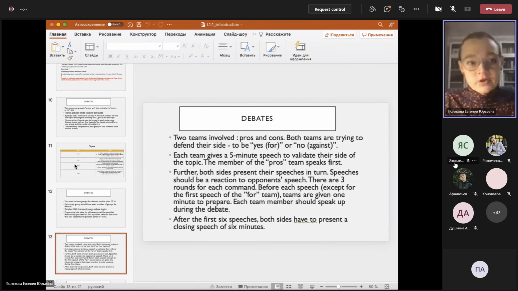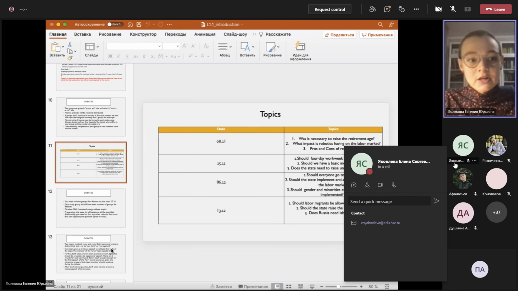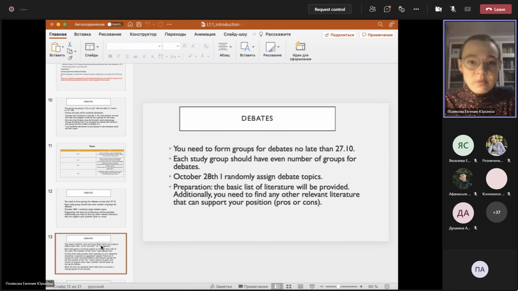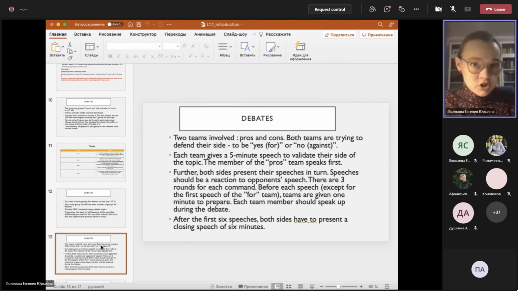For instance, in the case of retirement age, people say we need to raise the retirement age because... a small speech to introduce other students, your colleagues, to your position. Then we have a 5-minute speech for the cons team. In this 5-minute speech, you may react to the main arguments of the pro team.